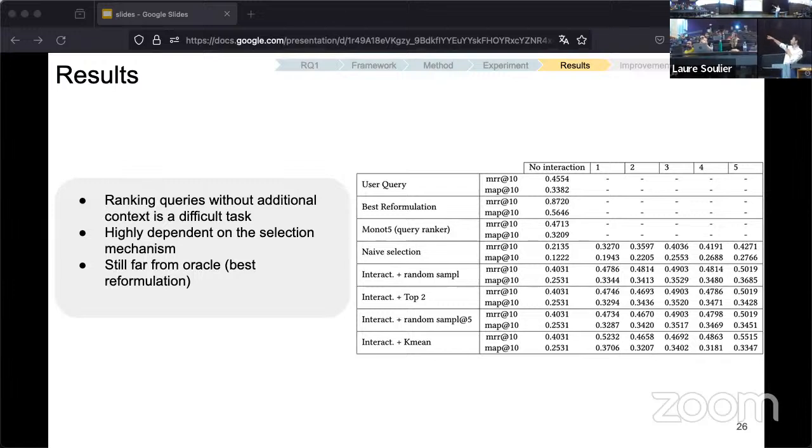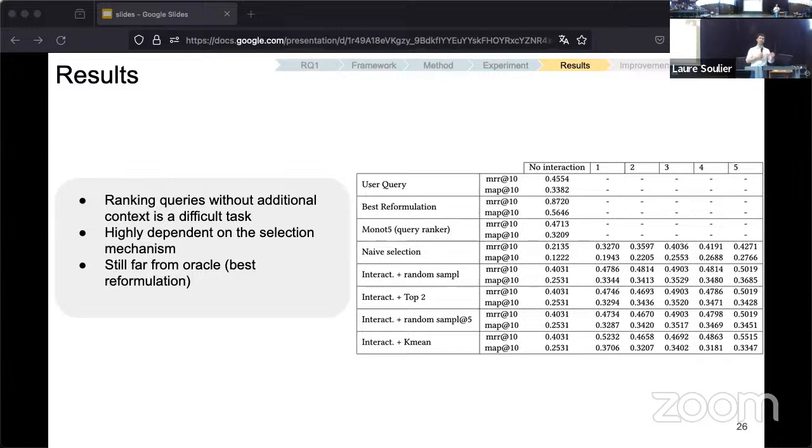If we look at the user query, for example, without additional interaction with the system, it has MRR, which is basically indicating how high in the ranking the first relevant document is, at 0.45. If you look at our model, without interaction, it's at 0.4. So it means that it took the pool of queries, estimated the performance score of the queries, and the best query according to the model was performing worse than the original query.